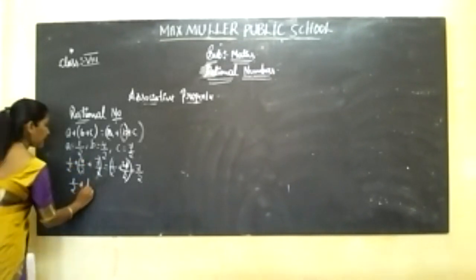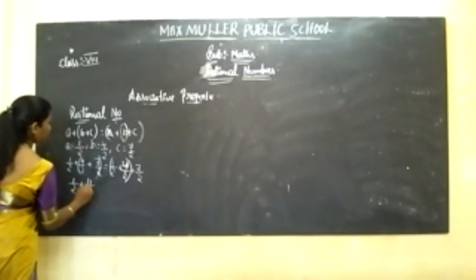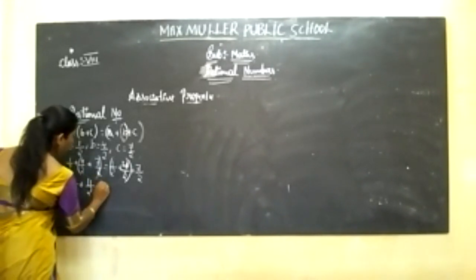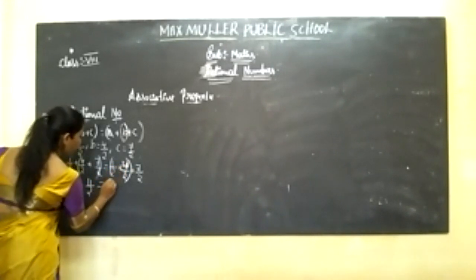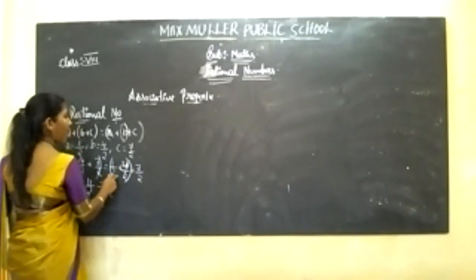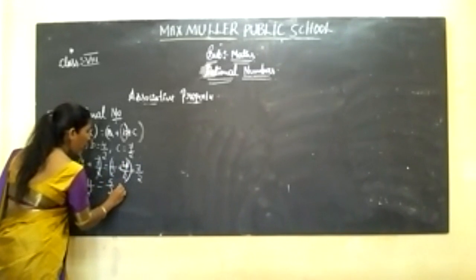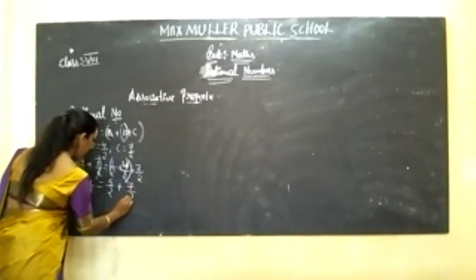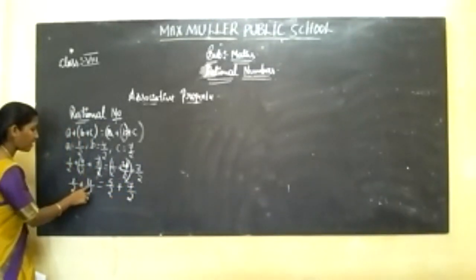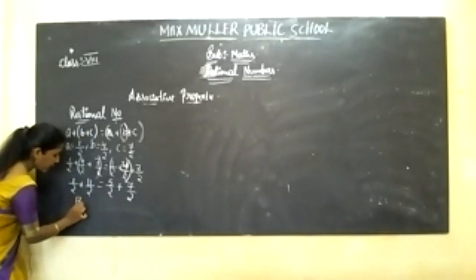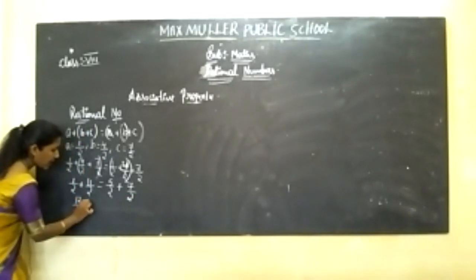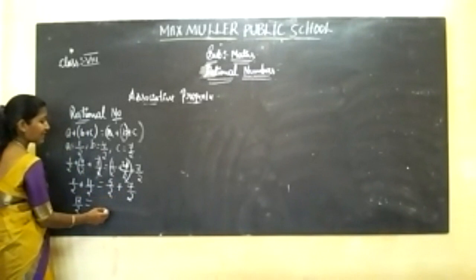So it is 11 by 2, and here 4 plus 1, 5 by 2. Why I am solving the bracket first is, you are following the BODMAS rule. Next finally 1 plus 11 is 12 by 2, and 5 plus 7 is 12 by 2.